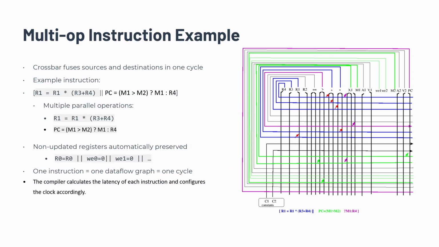At the instruction level, cpuC uses a crossbar to connect sources and destinations, enabling an entire dataflow subgraph to execute within a single cycle. For example, one instruction may multiply R1 by the sum of R3 and R4, while simultaneously updating the program counter based on the comparison between our memory outputs.